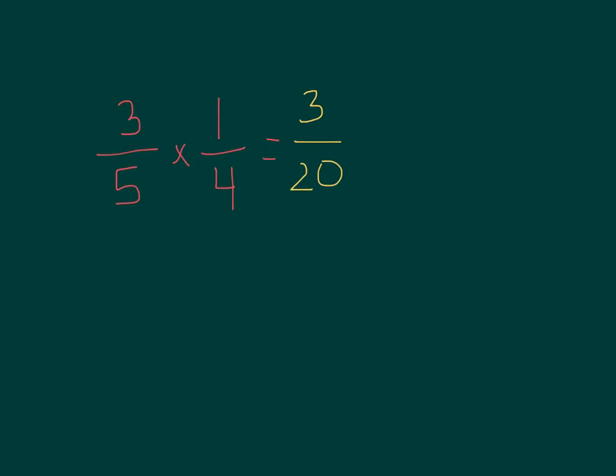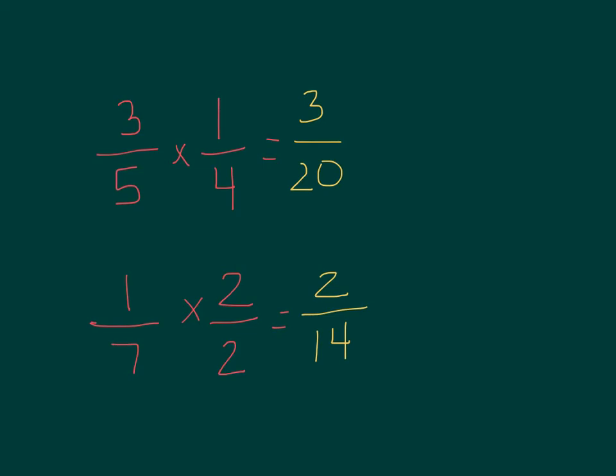Another problem, I'll do one more here, is 1/7 times 2 halves. When I multiply my numerators together, 1 times 2 is 2, and 7 times 2 is 14.